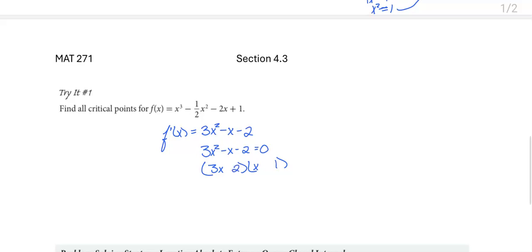So I'll get 3x squared minus 3x plus 2x gives me that minus x there, and then minus 1. So set each factor equal to 0. So x is going to be equal to 1 and -2/3. So these are my critical numbers.